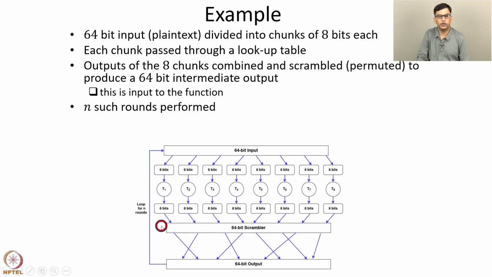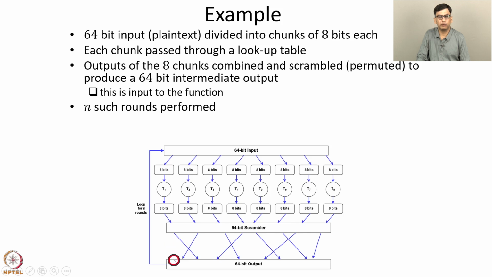Then the outputs of the 8 chunks are combined, and then scrambled, that is permuted, to produce a 64-bit intermediate output. And that 64-bit output is here. It is obtained by scrambling the outputs of the 8 lookup tables, and this is the scrambler that is shown. It permutes the outputs of the 8 lookup tables. Then n such rounds are performed.